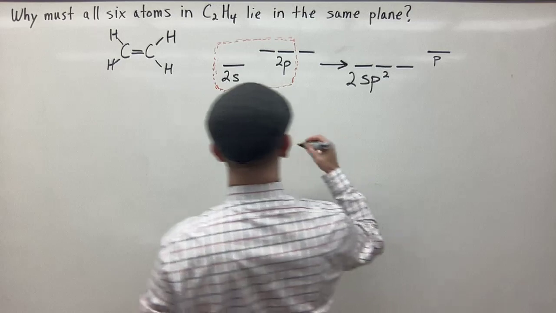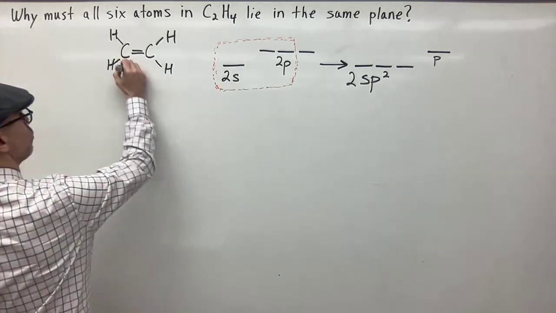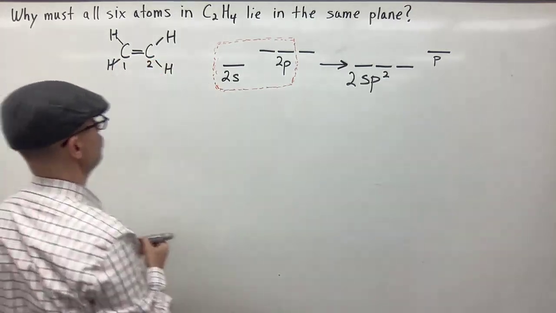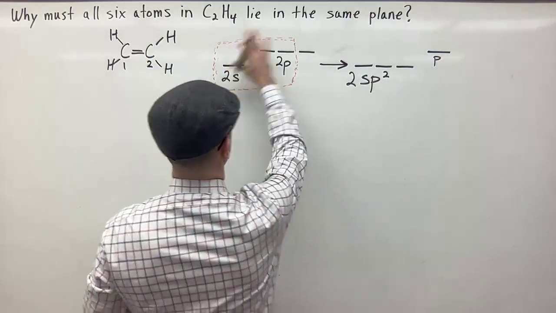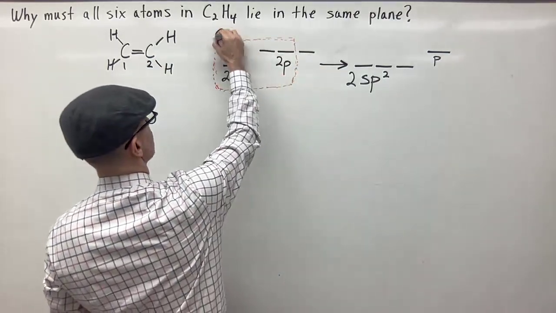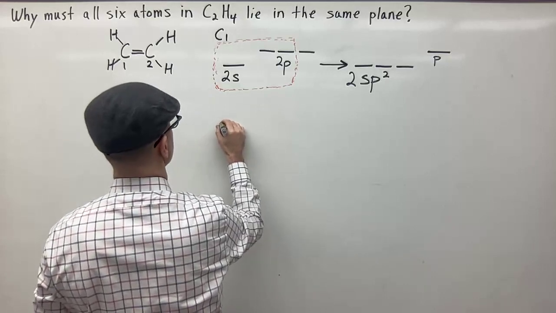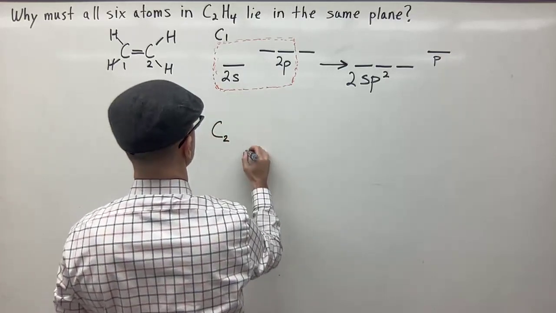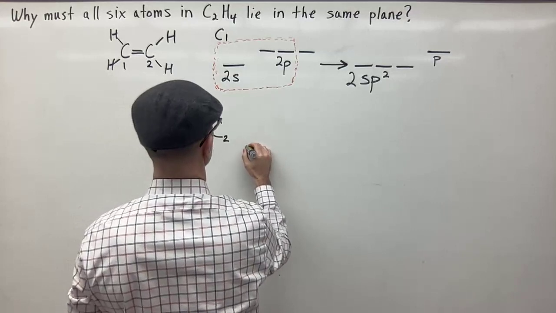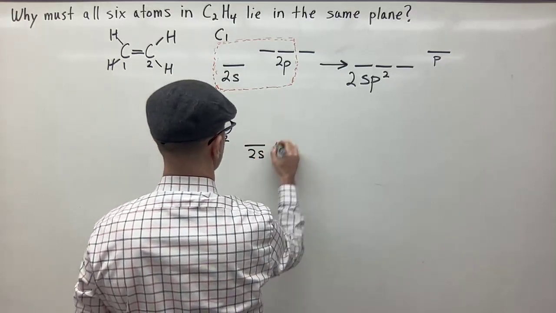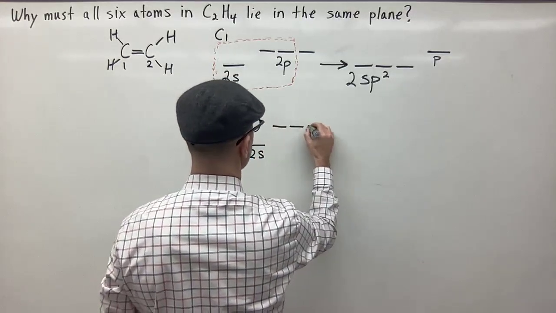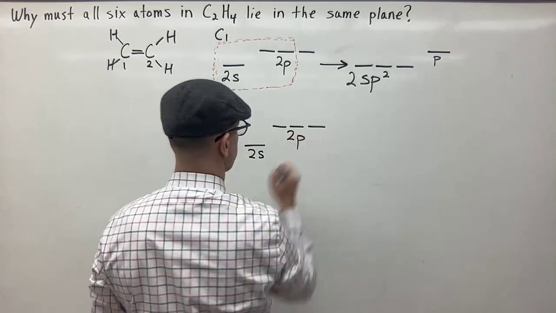If we call this carbon 1 and carbon 2, this would be for carbon 1. And the same thing for carbon 2, where I would also have a 2s and 2p orbitals.